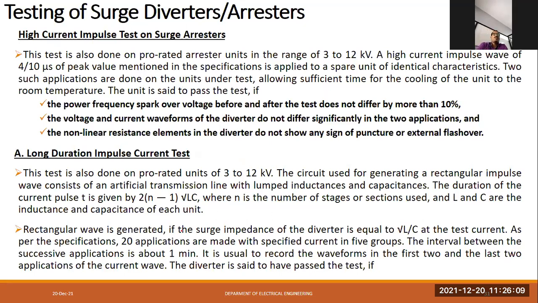The next test on the surge diverter is the high current impulse test. Again, it has some subtypes of test. Basically, we will understand what a high current impulse test on a surge diverter is.